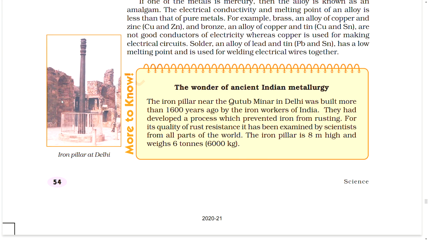For its quality of rust resistance, it has been examined by scientists from all parts of the world. The iron pillar is 8 meters high and weighs 6 tons, 6,000 kg.